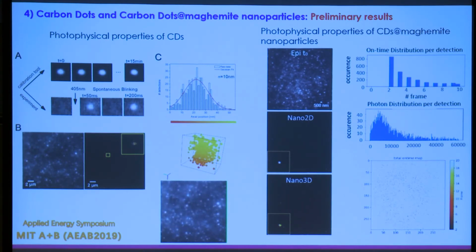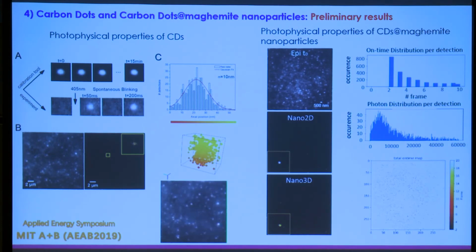We have also investigated the influence of the change of the photophysical property of the carbon dot by using some nanoscopy techniques. In fact, carbon dots exhibit a blinking property, and this blinking property can be followed by means of these nanoscopic techniques.